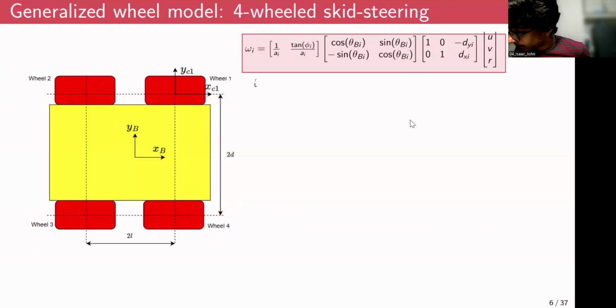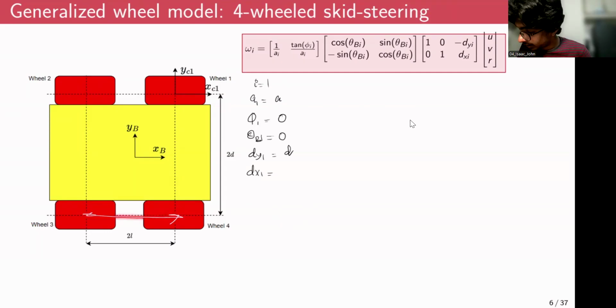So when i is 1, A1 is A, phi 1 is 0, theta B1 is 0, dy1 is d, if you consider this distance to be d, that is half of 2d, and dx1 would be L, if this distance is 2L.